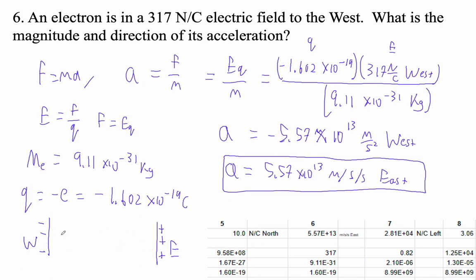We'll talk about that, it's coming up. And if we have an electron here, and for sure the electric field is to the west, positive charge would go to the west, but a negative charge in this situation would flee this and head toward this. So that's why this thing is accelerating east.